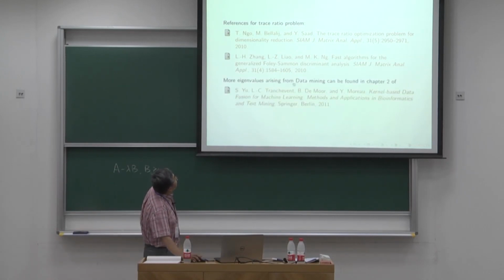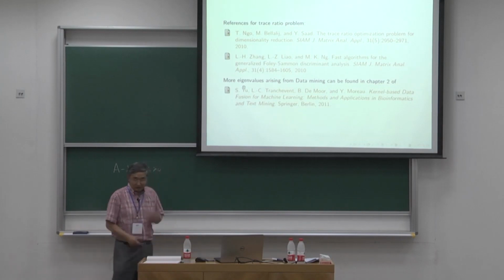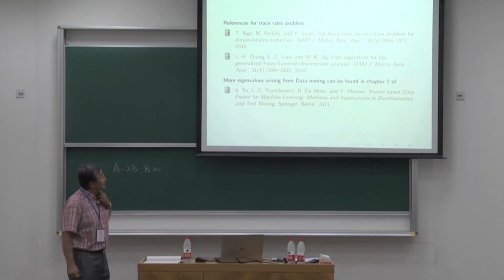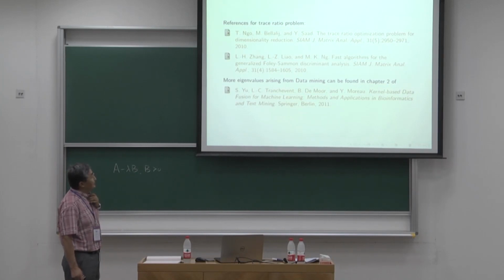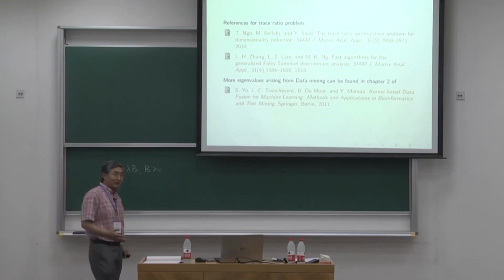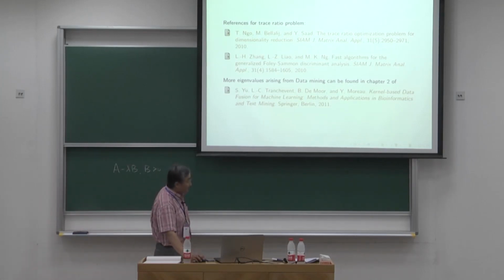Of course, you have many more eigenvalue problems in this Springer book on data mining. An entire chapter lists 7 to 8 eigenvalue problems arising from data mining. So it's one of the problems you see everywhere.